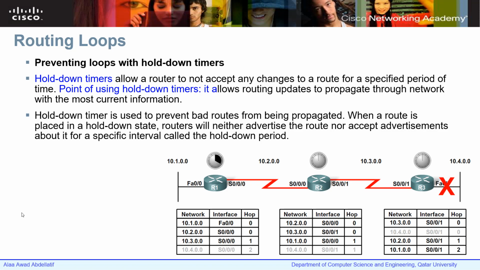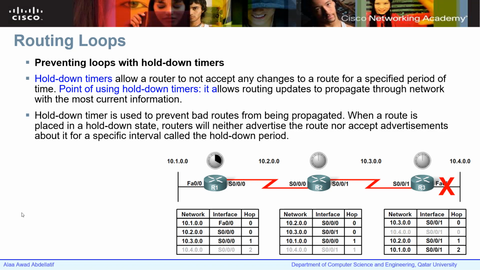In this case, I will not accept any information about this route, and I will propagate this update to the other routers. What's the reason for routing loops? R2 can send this information back to router 3. This is what causes routing loops, when this is unreachable and the updates get delayed.